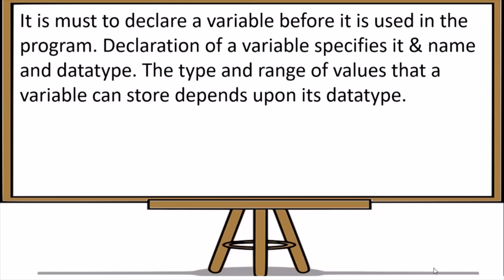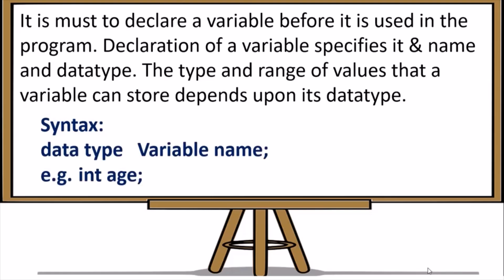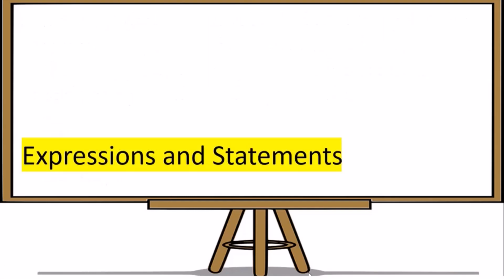So what is declaration of a variable? Declaration of a variable is to declare it with the data type. That means you have to tell the compiler how much memory my variable is using. If I take the int data type, then the age variable is using integer type data. That means 2 bytes are used by the age variable, right? As a programmer, I have to mention these things to the compiler before going for any program, right?